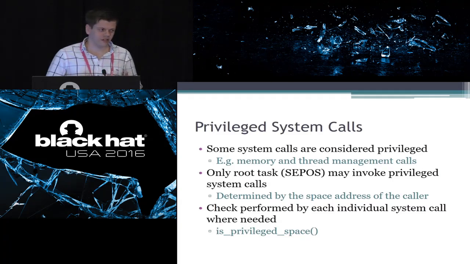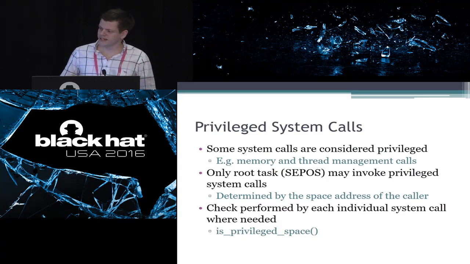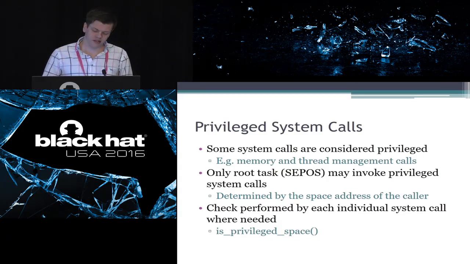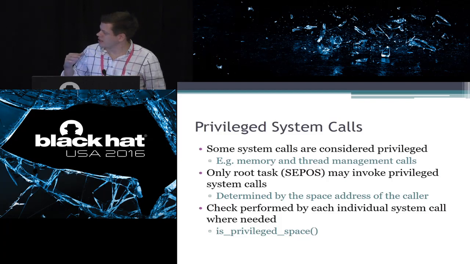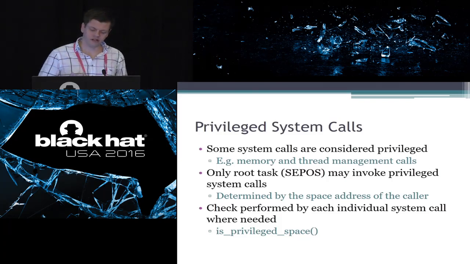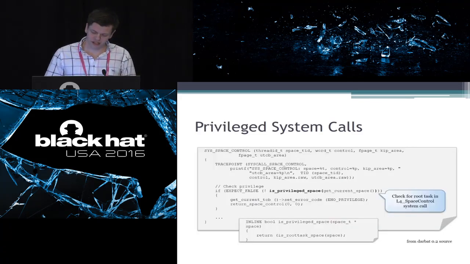Because a lot of these system calls are powerful, L4 has a concept known as privileged system calls. Only the root task in SEPOS, the most privileged task, can invoke these system calls. This is determined by each individual system call checking the space address of the caller. When you invoke a system call, it may call this privilege space function in order to check the privilege.